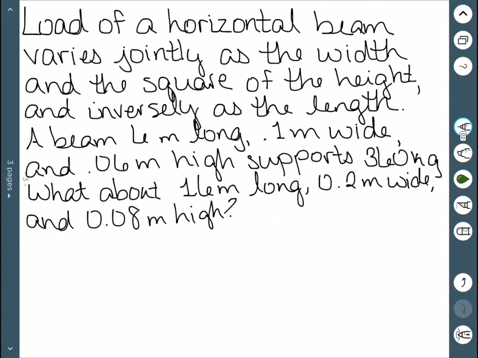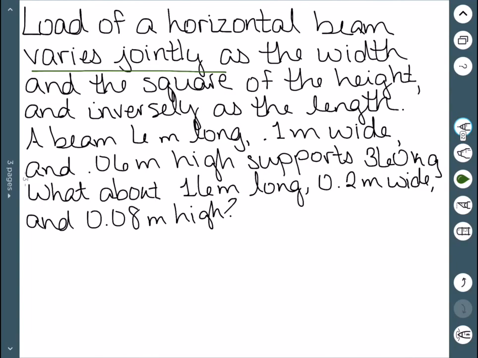For our last example, we're going to consider the load of a horizontal beam. This varies jointly as the width and the square of the height, and inversely as the length. So for this one, we are going to combine both joint and combined variation. Before we go on with the rest of the problem, we see that our load varies jointly as the width.